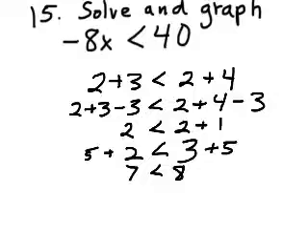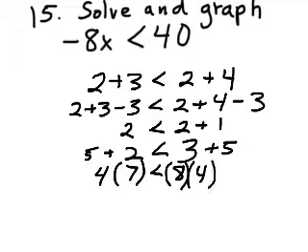What if I multiply? I'll multiply both sides by 4. So we have 28 is less than 32. That works.